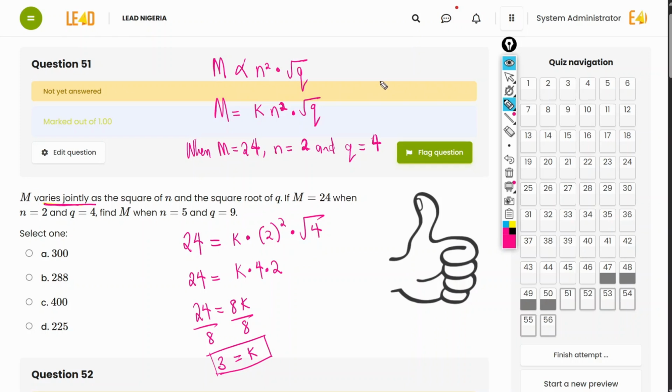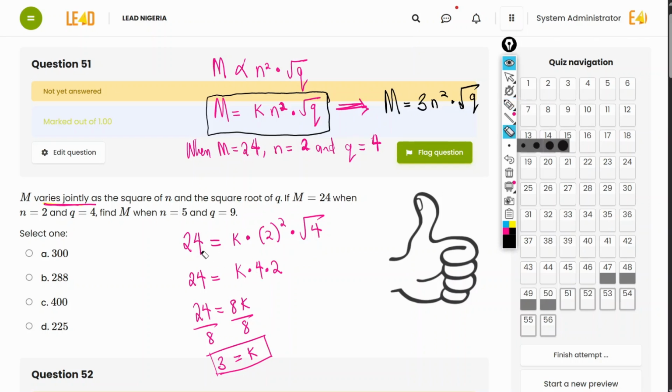Good job there. Now I can rewrite the standard relationship with my value for k: m is equal to 3n squared times root q.